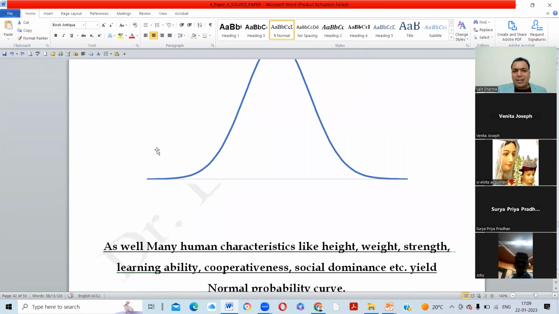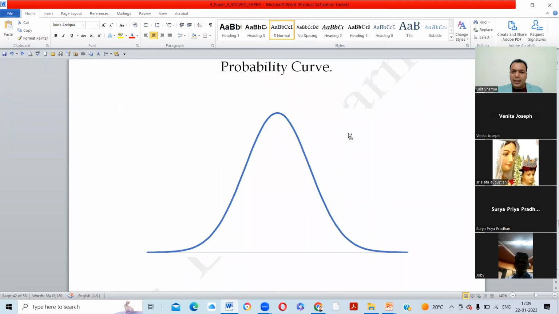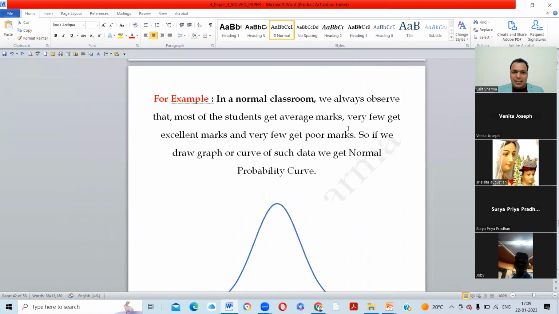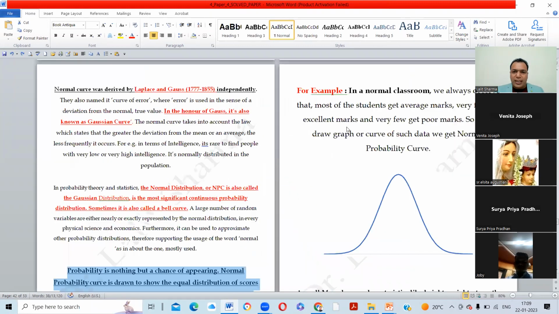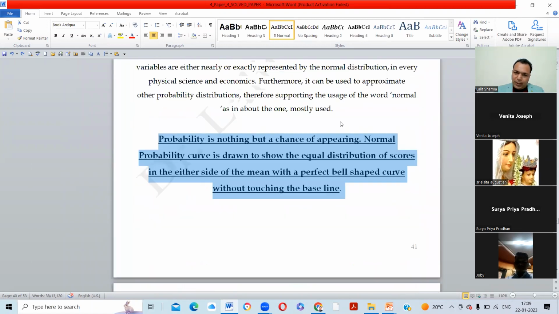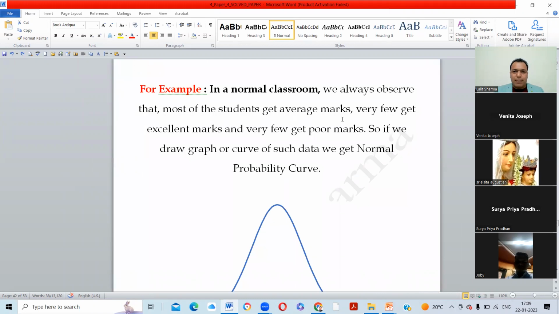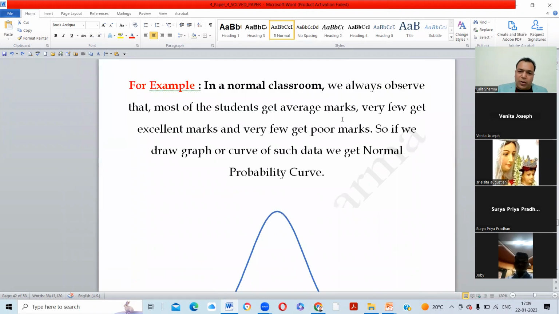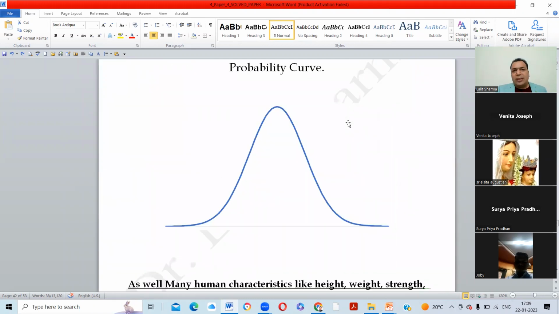See this, you will draw it like this, right? If in your class some students have got good marks, some students have got poor marks, but most students have got average marks, when you draw this, you can draw it like that. This is called the normal probability curve.